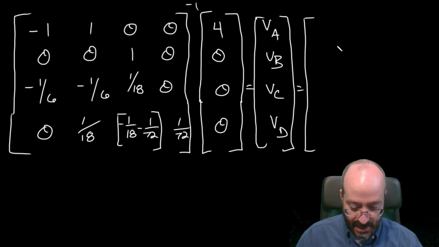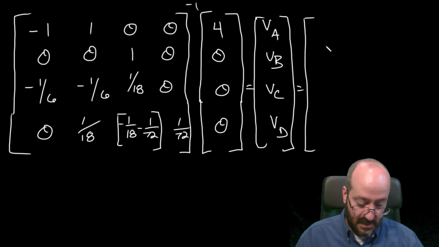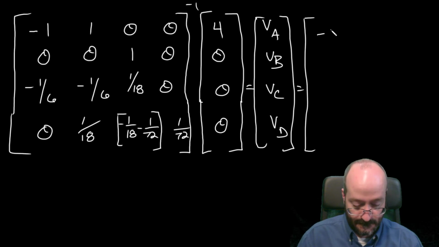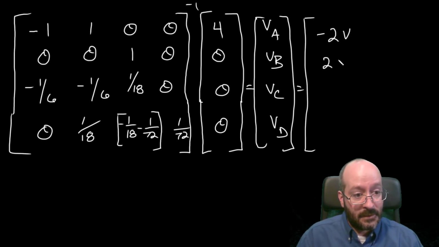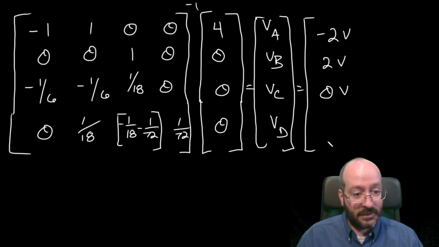Cool. From that we get negative 2 volts, 2 volts, 0 volts, and negative 8 volts.